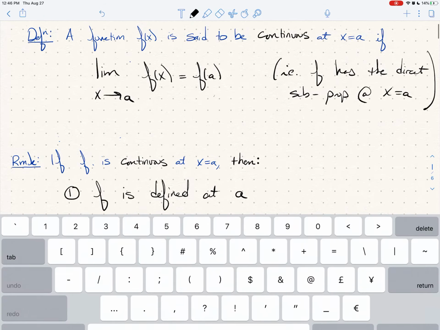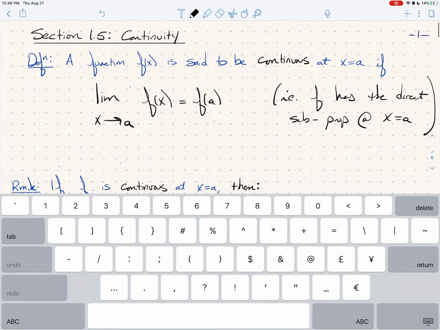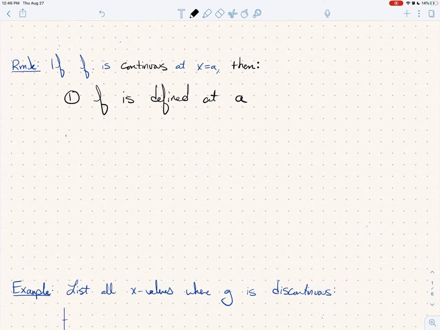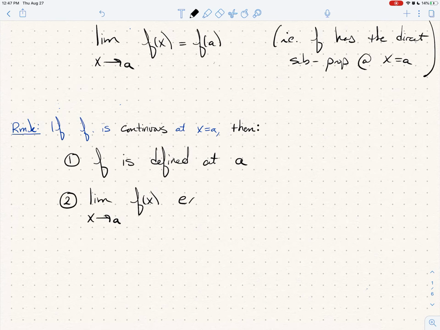Okay, the second thing that it's telling you is that the limit as x goes to a of f of x, this limit need not exist in general. It might simply not exist, but if you know that the function is continuous at a, then you know that this limit actually exists.